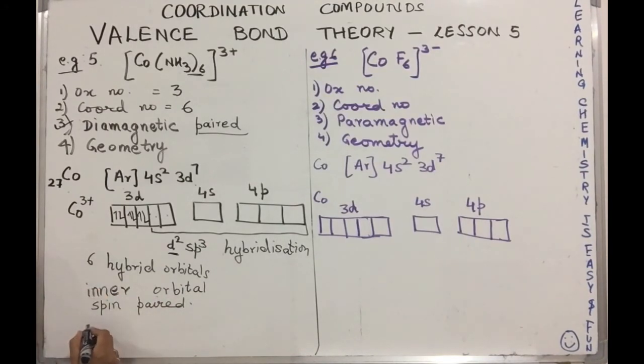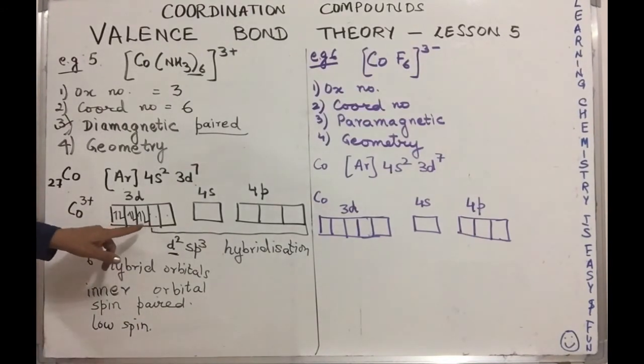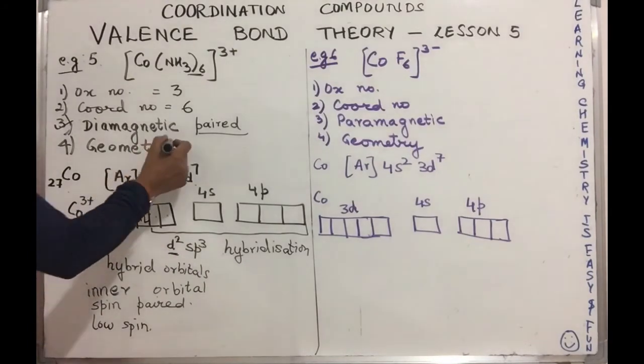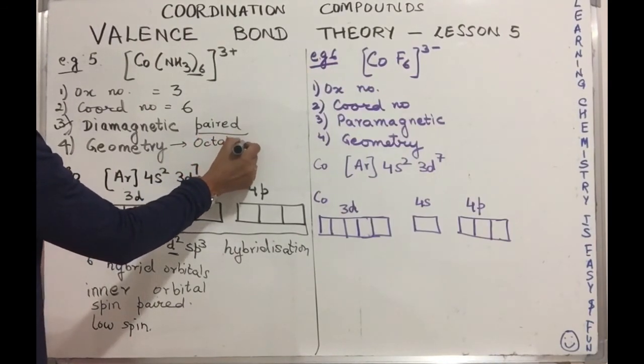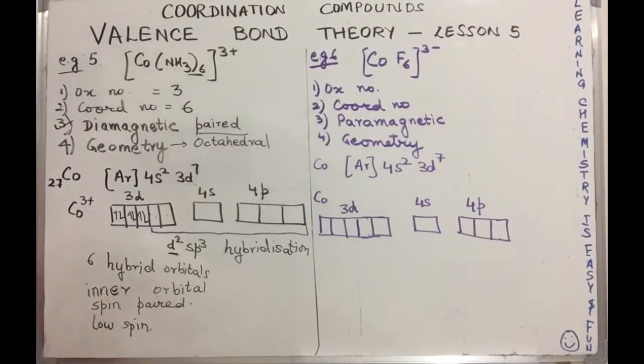And inner orbital, spin paired, and what is the third term that we have? Yes, it is low spin complex. We are involving d orbital from the penultimate shell. Correct? So what will be the geometry over here? What will be your answer? Octahedral, bond angle 90 degrees.